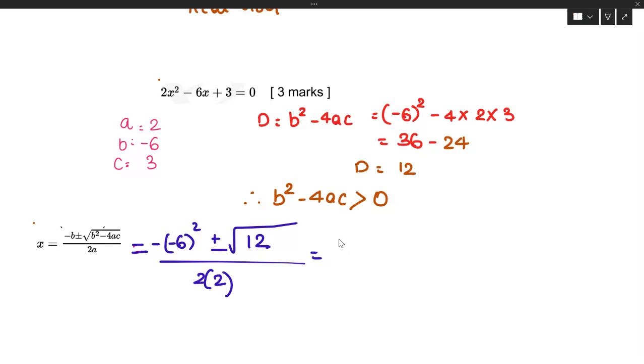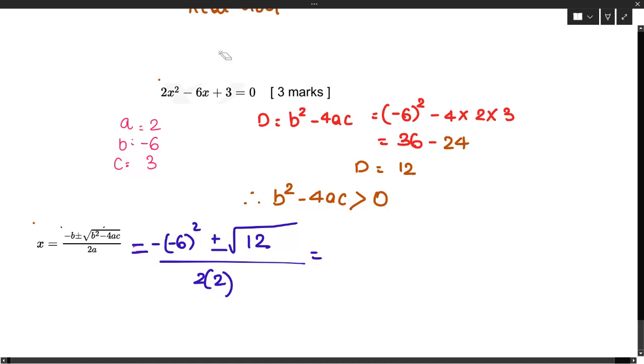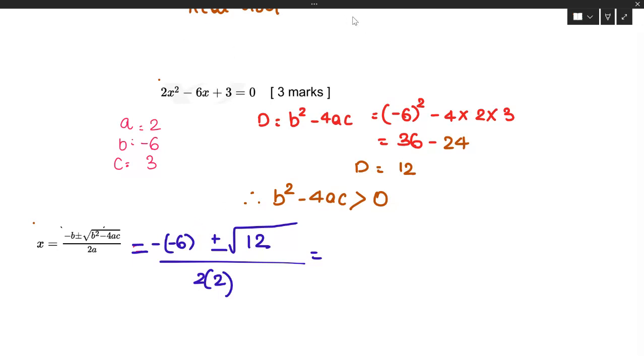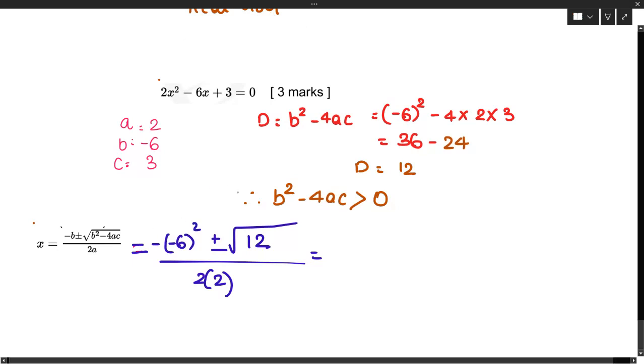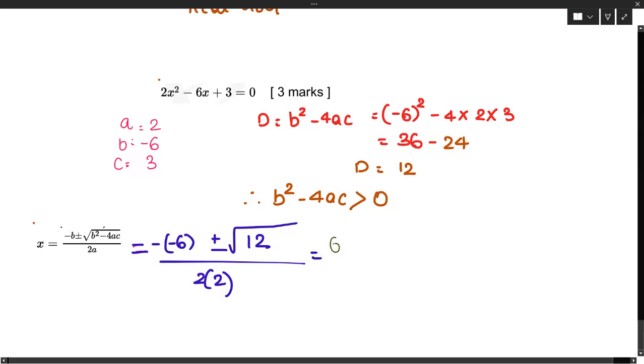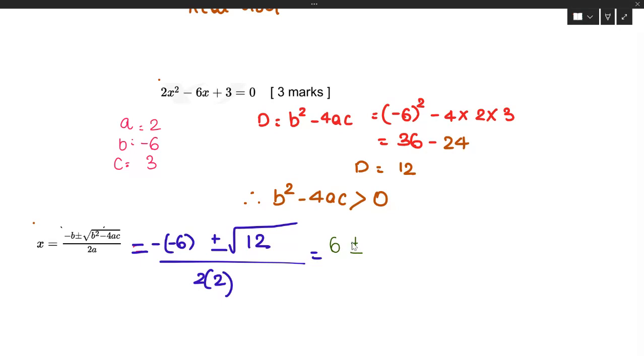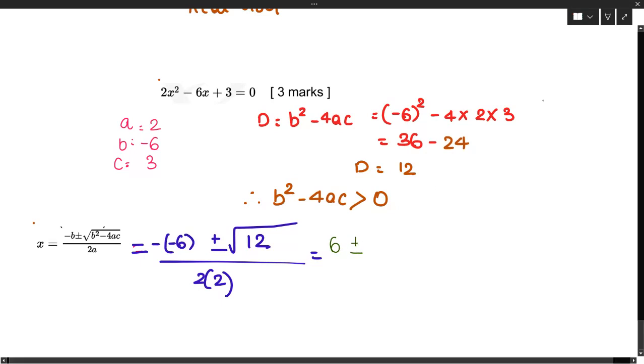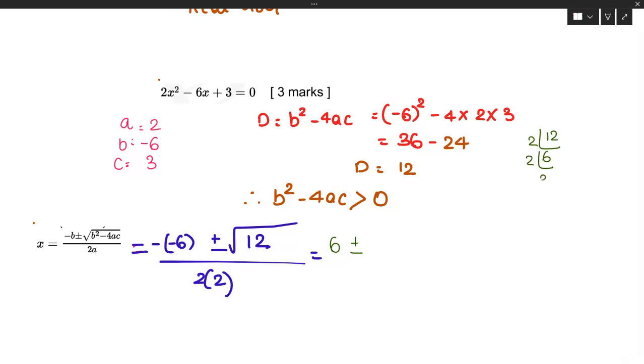I think we wrote the formula wrong. Here square is not there. Okay, so minus of minus 6 will become 6 plus or minus root of 12. So if you use prime factorization for 12, 2 sixes are 12, 2 threes are 6, so 2 will come out of the square root and 3 will be stuck.